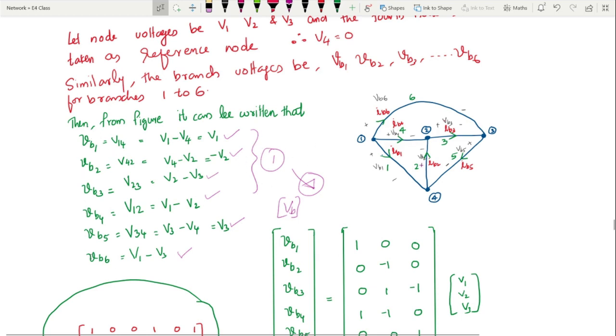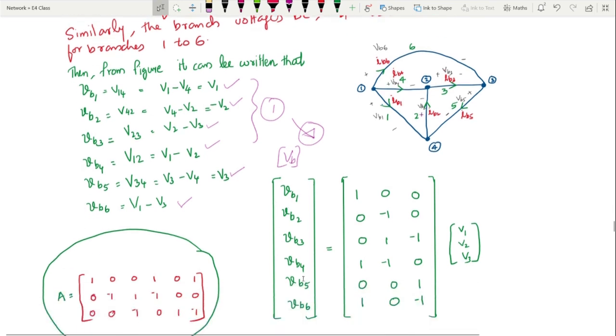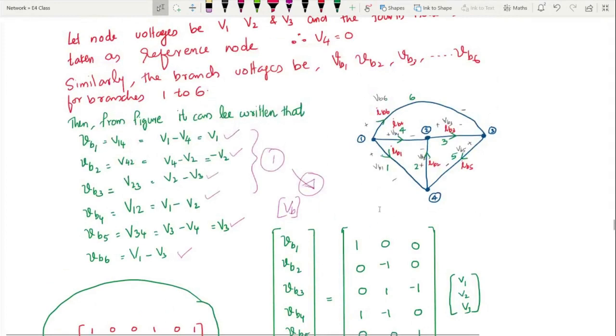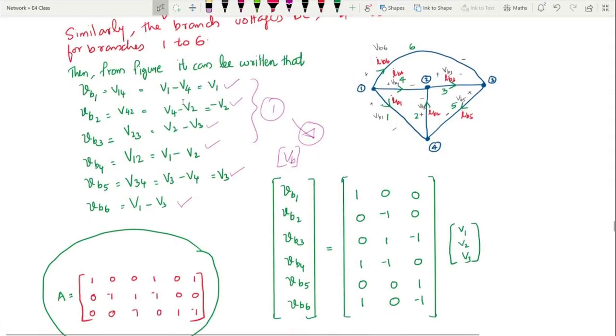Let's arrange these equations in matrix form. How many branch voltages are there? As we have 6 branches, 6 branch voltages will be there. So this matrix represents the branch voltage matrix. Clear? When we arrange the coefficients of node voltages corresponding to each branch voltage in matrix form, this is the matrix form representation.